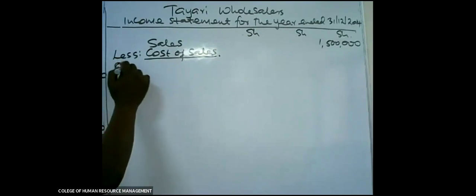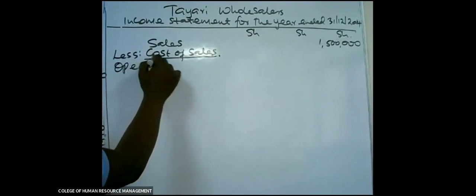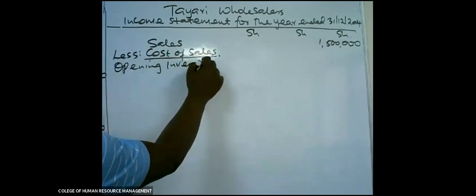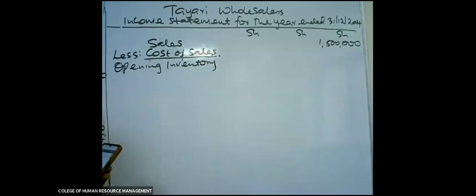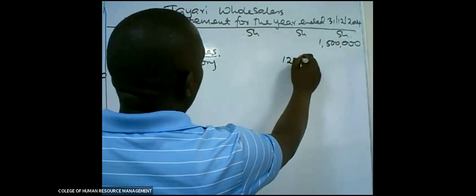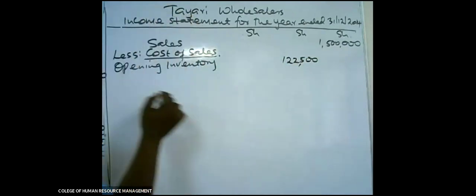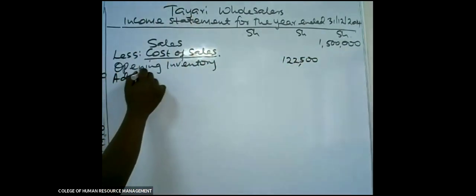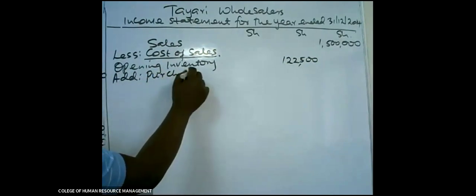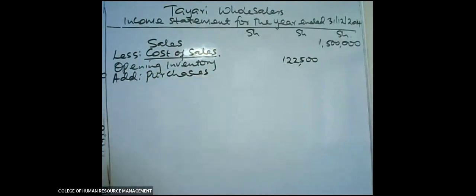Start with the opening inventory. Inventory 1st January, 122,500. And purchases. The purchases figure is 350,000.